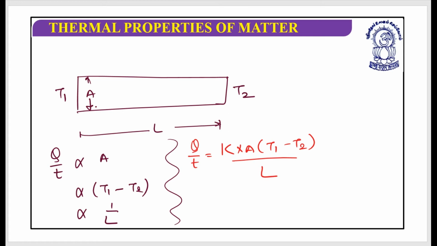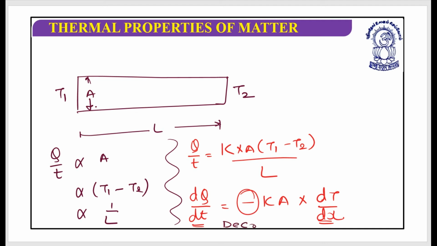This is Q by t, or this could be written as dQ by dt, which equals minus K into A into dT by dx. This is the same form, I have written it differently. The negative sign shows that the temperature is decreasing.